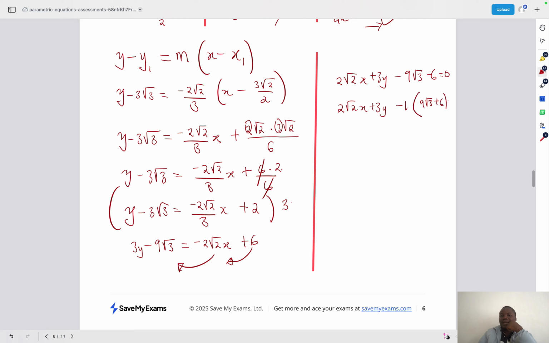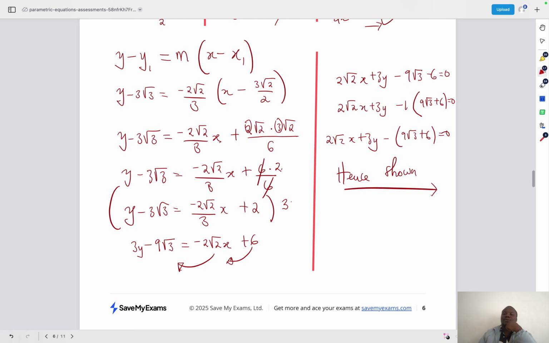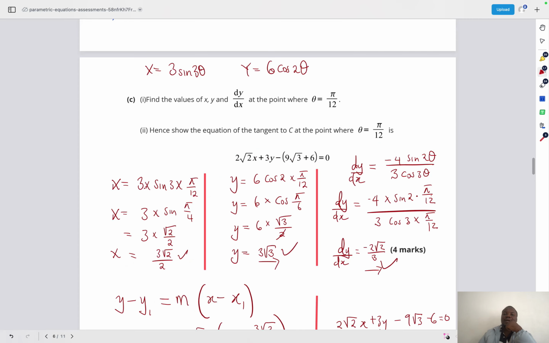This becomes plus and then equals 0. Before I even conclude here, I can simply write this as 2 root 2x plus 3y minus, then I put 9 root 3 plus 6 equals 0. So this is the same, so we can then just say hence shown. That means we will have shown, because that comes out as what we were asked to do.